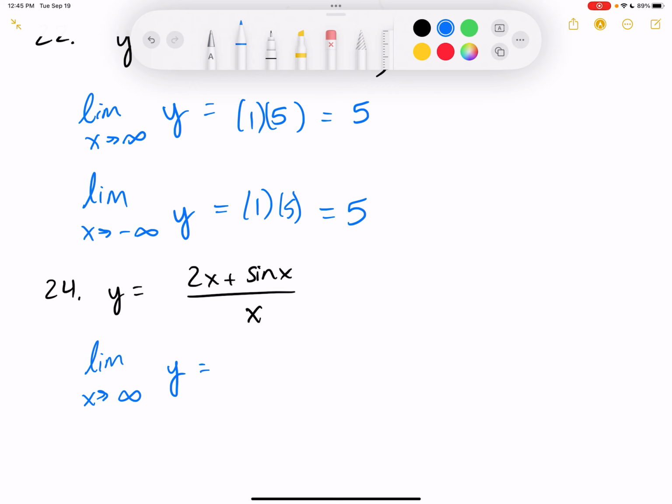Should you factor it first, or just plug in a big number for x? I can't really factor. Let me see what happens if I plug in a really big number for x.